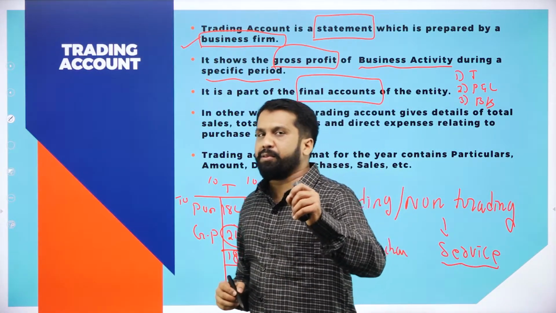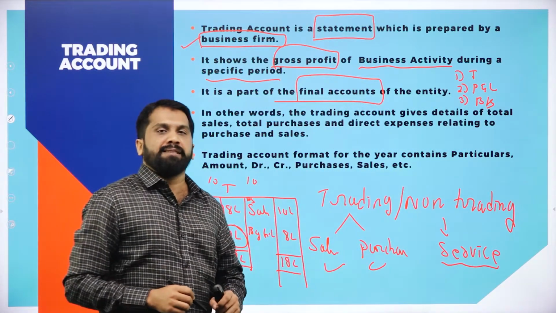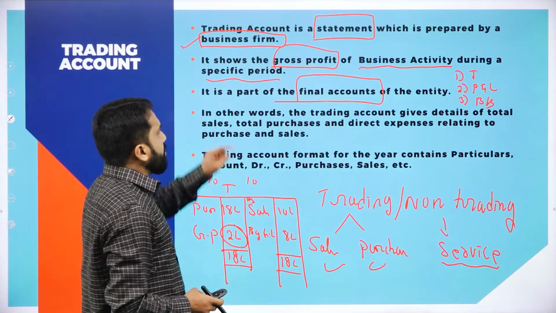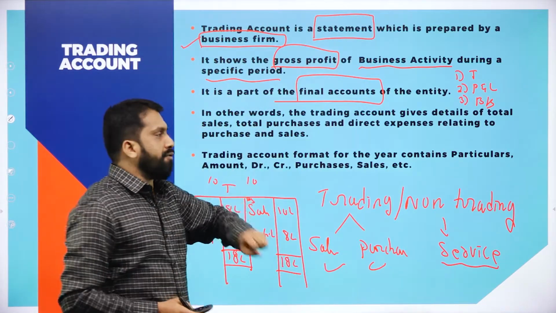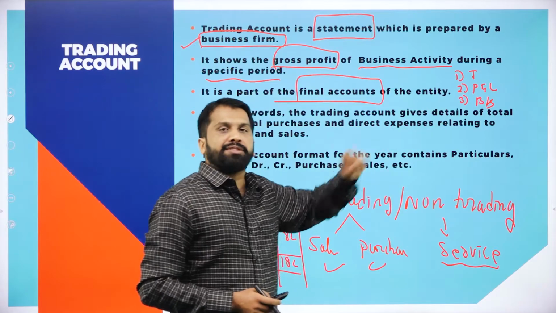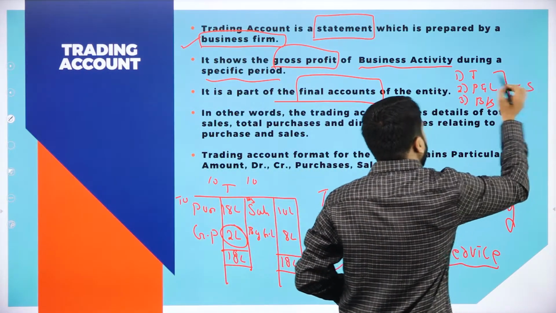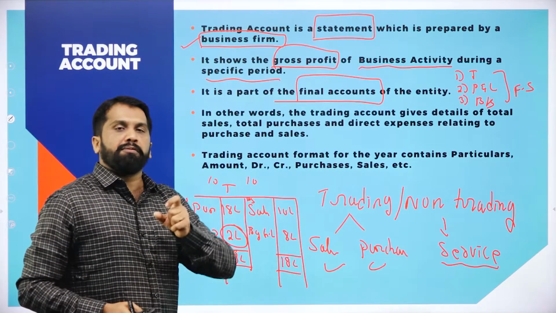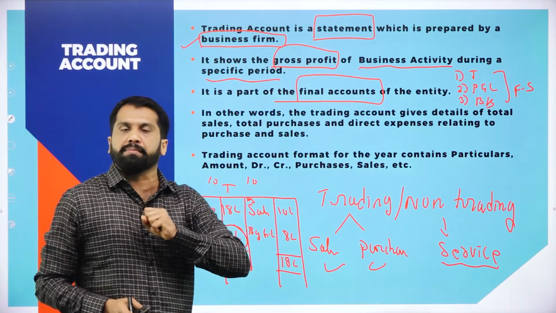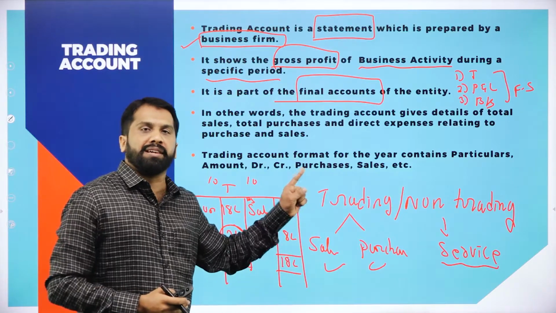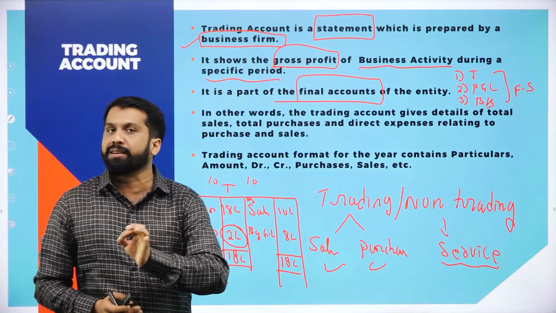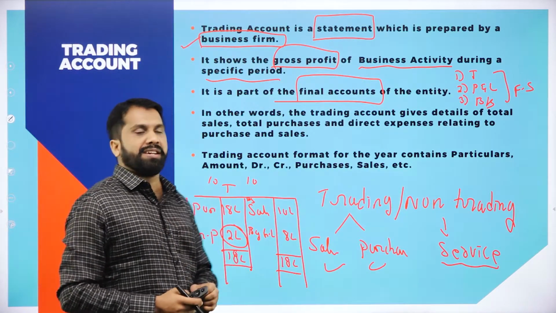All put together, we call it financial statement. If you want to complete financial statement, you have to begin with trading account. So trading account is a part of financial statement.